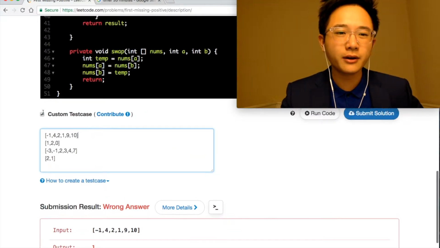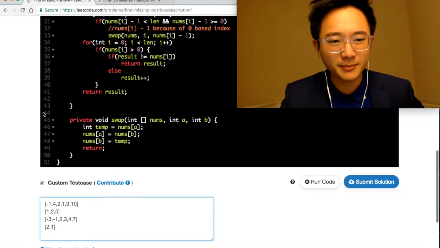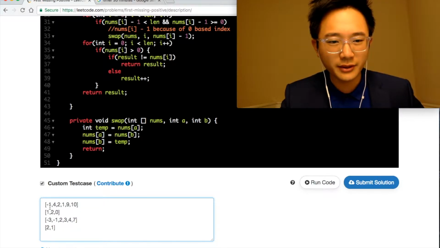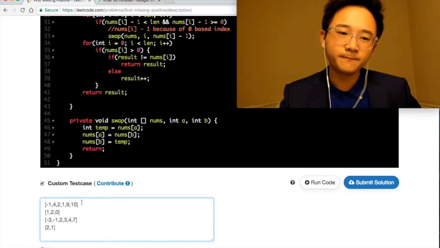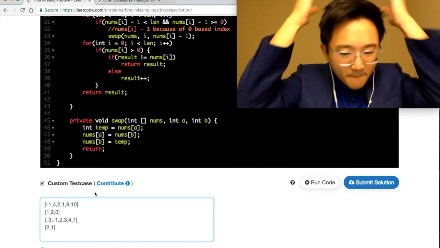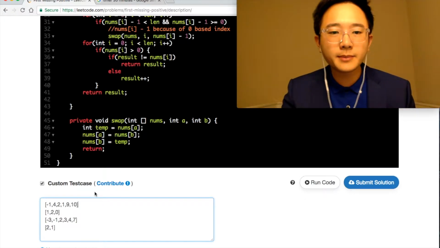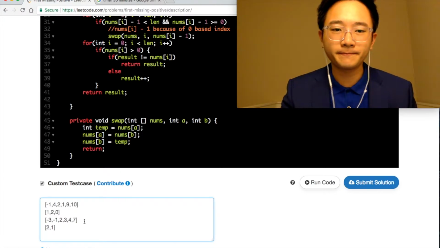Okay, -4, 2, 1, 9. Okay, why? Output is 1, but expected is 3. So 0, 1, okay. I spent 45 minutes on this question.